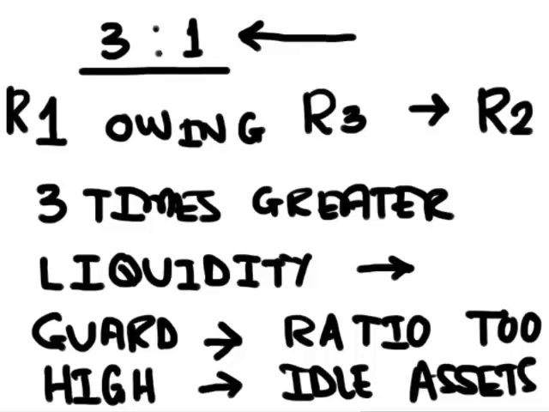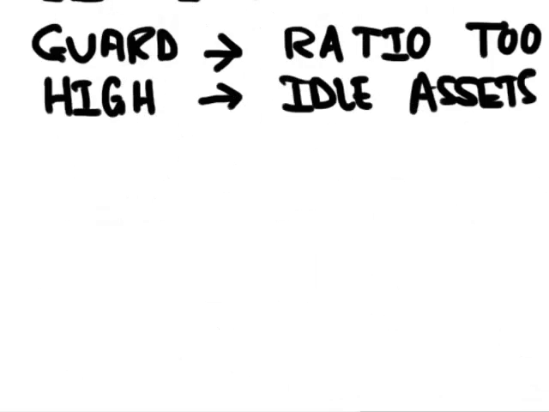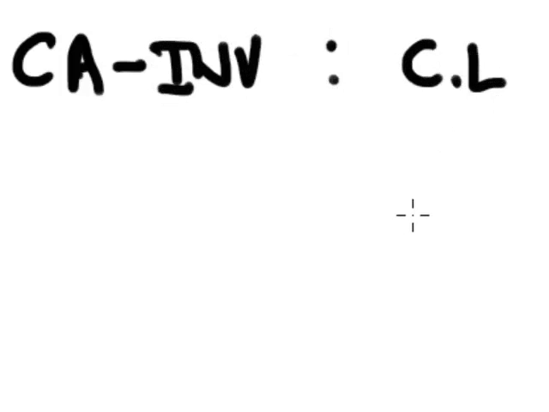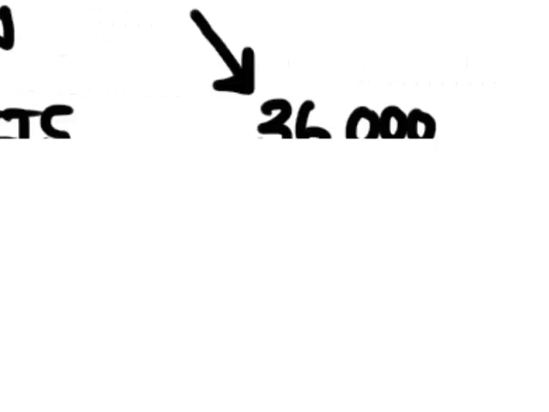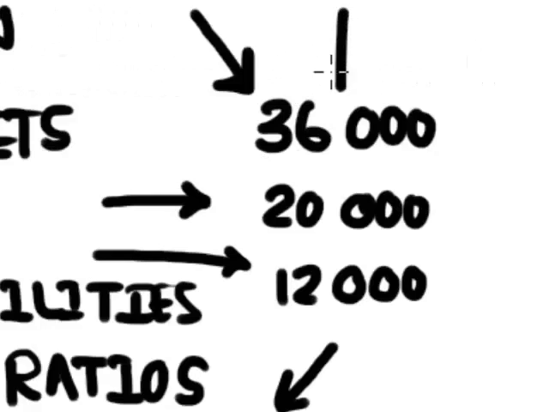Now, let's go to the acid test ratio. With regards to the acid test ratio, our calculation is current assets minus inventory is to current liabilities. From our given information, we know that our current assets are valued at 36,000 and our inventories are valued at 20,000.